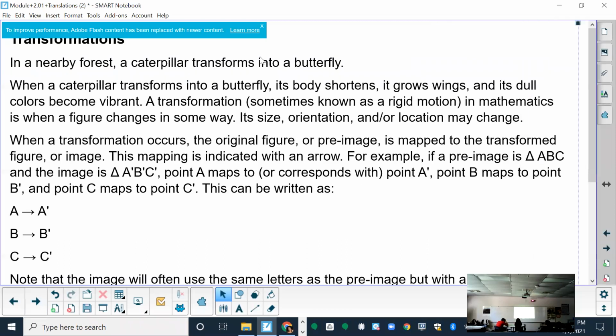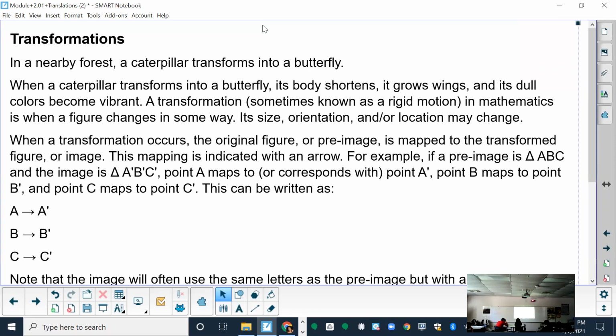All right, so to introduce you to this section, think of this real life situation of a caterpillar transforming into a butterfly. So when it transforms into a butterfly, its body shortens, it grows wings, dull colors become vibrant. So that's like a real world example of something transforming.